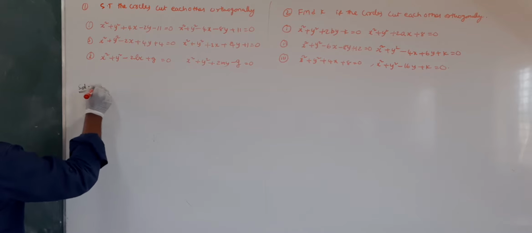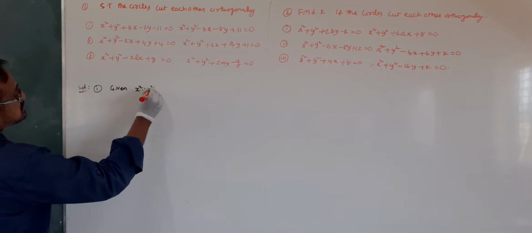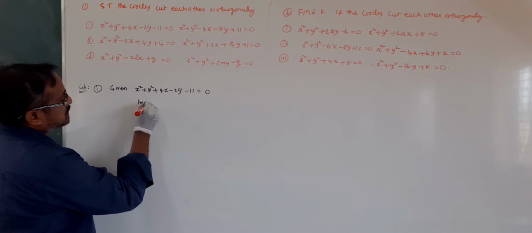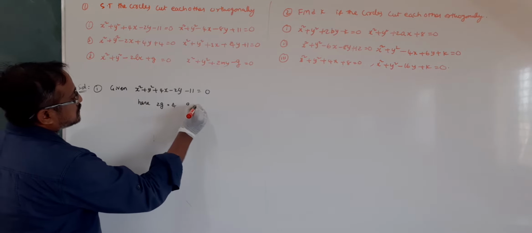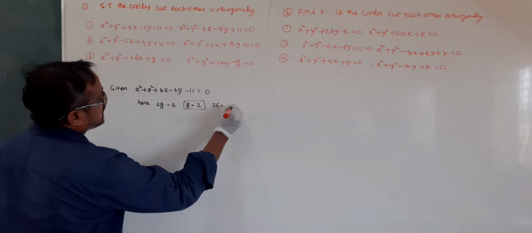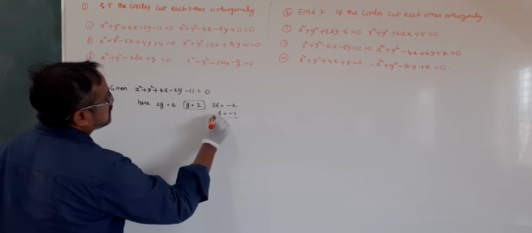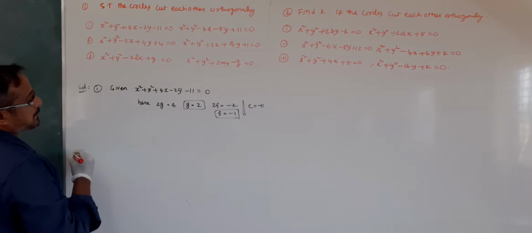First one, given x square plus y square plus 4x minus 2y minus 11 equal to 0. So here 2g is equal to 4, g is equal to 2, 2f is equal to minus 2, f is equal to minus 1 and c is equal to minus 11.